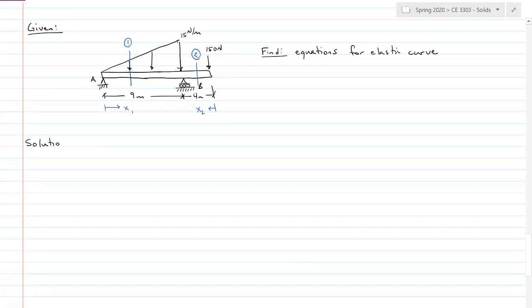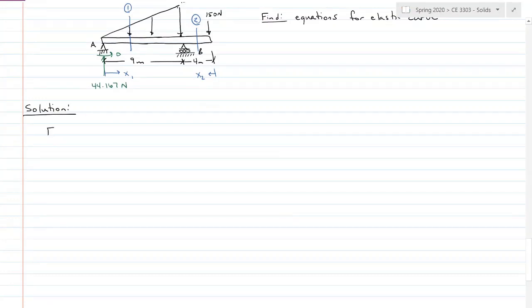All right, solution. Now I did my math ahead of time, and I found that AY is going to be 44.167 newtons acting up at A. AX is equal to 0, and I don't care about B because both of my free body diagrams are going to be away from B. So coming here to free body diagram 1, I'm going to take to the left, and it represents 0 less than or equal to x1 less than or equal to 9 meters.